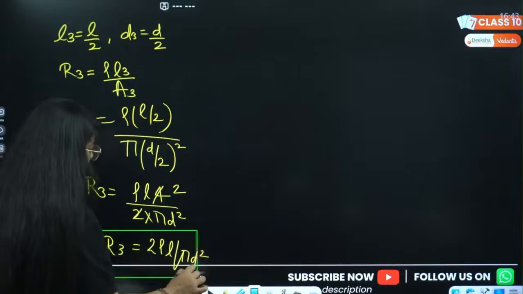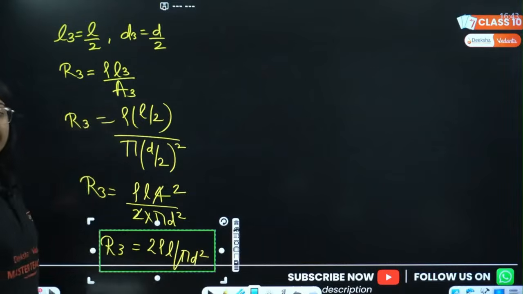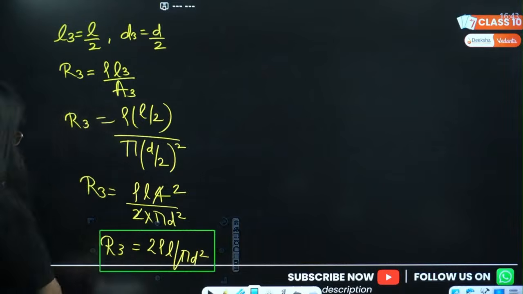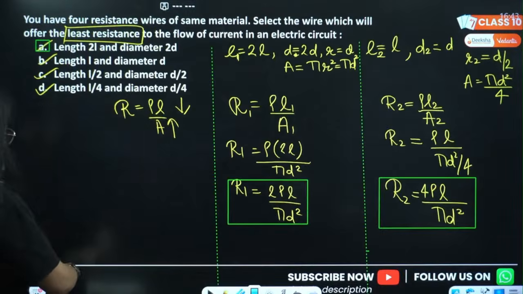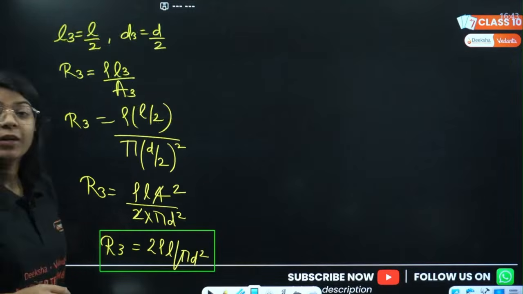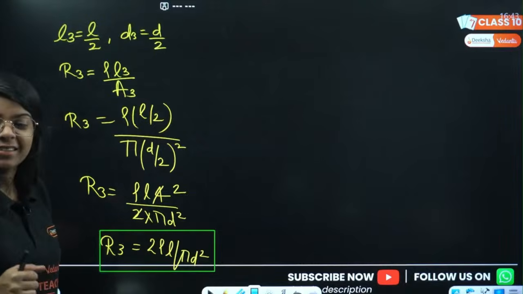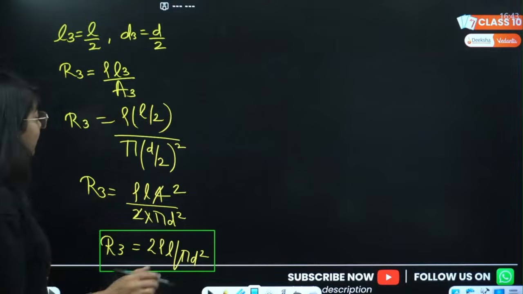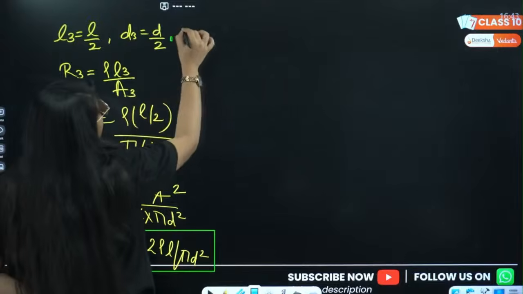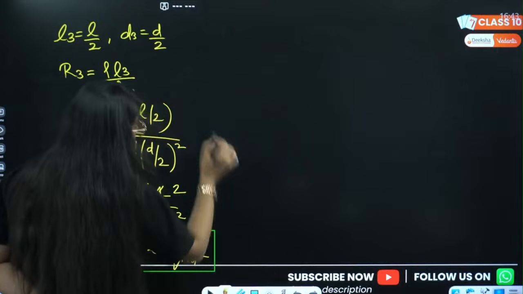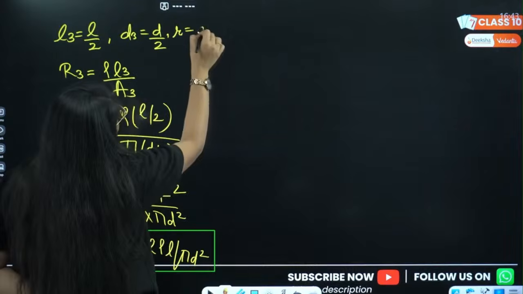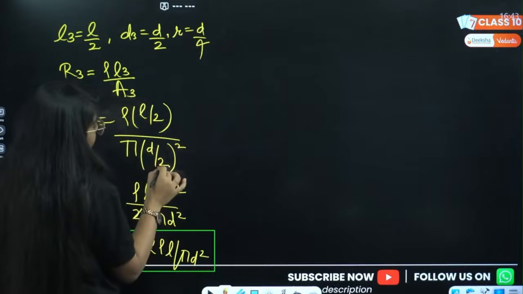Understood? Is it correct? Let me see. This is L by 2, D by 2. Oh, we forgot to convert diameter into radius. Yes. I forgot to convert diameter into radius. My bad. Radius will be D by 4 here.